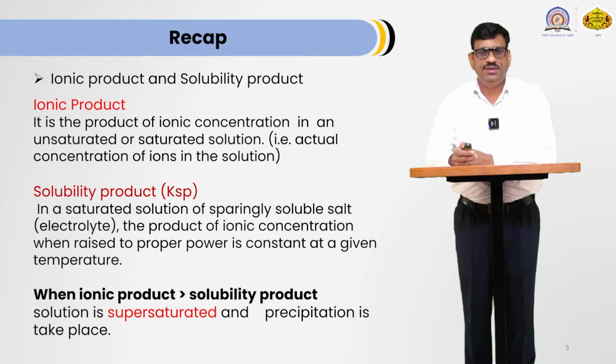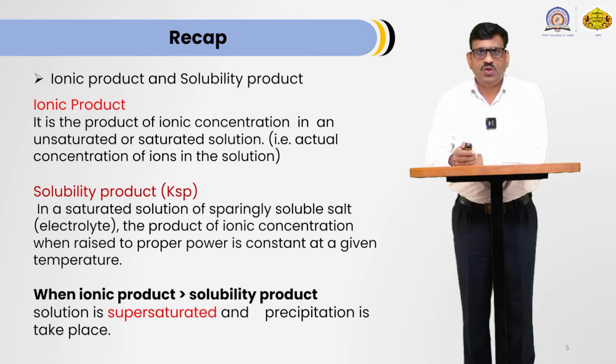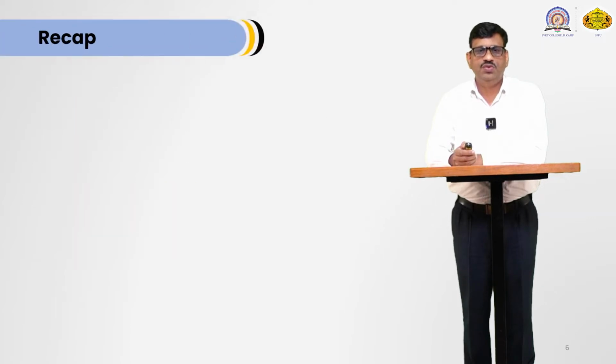Solubility product: in a saturated solution of a sparingly soluble salt, the product of ionic concentration when raised to proper power is constant at constant temperature. Hence, in case of solubility product we consider saturated solution, and in case of ionic product we consider saturated as well as unsaturated solution. Now, when ionic product is greater than solubility product, in that case only precipitation is going to take place, because in that case the solution is supersaturated.